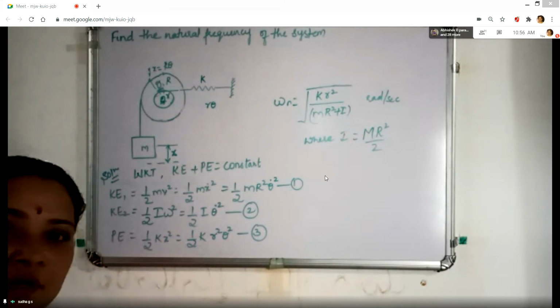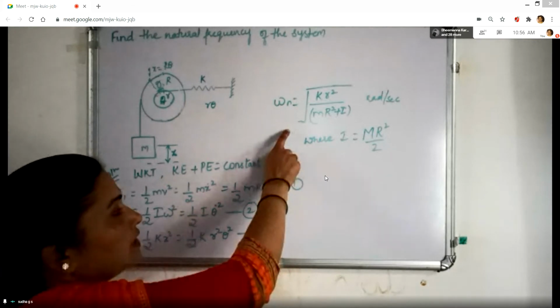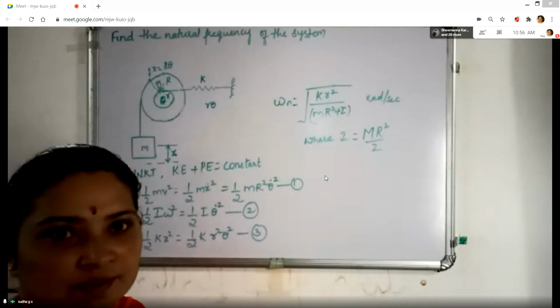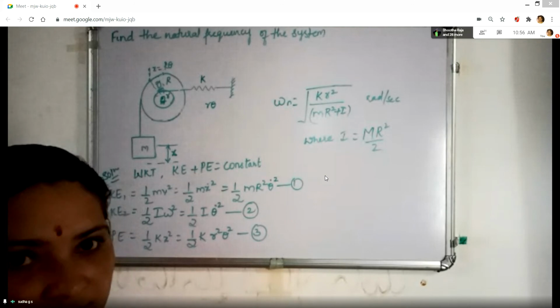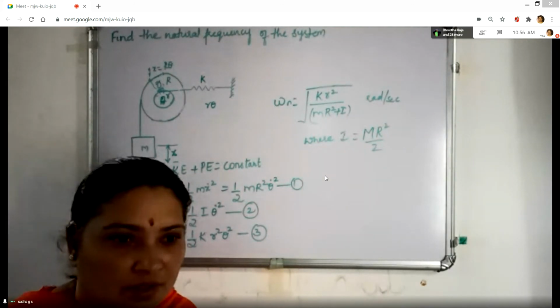Hope all of you have got this answer. The answer is similar to your previous problem, the second problem which I solved today.